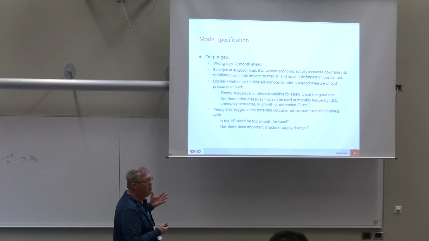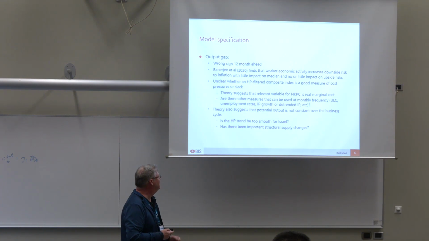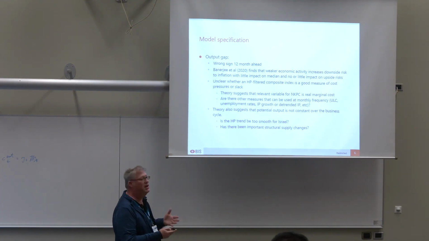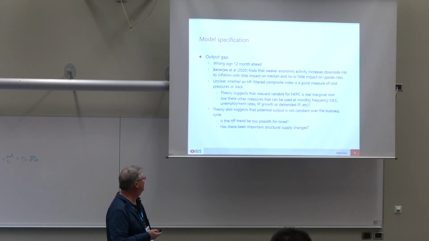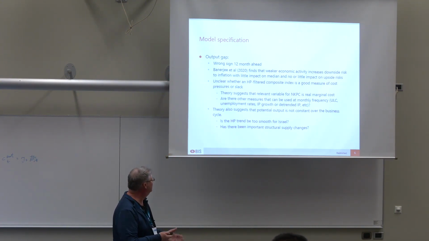If you look at the theory, the appropriate measure is the real marginal cost, and this is not observable, but can be approximated with the output gap. Not necessarily, it depends on properties of the economy.